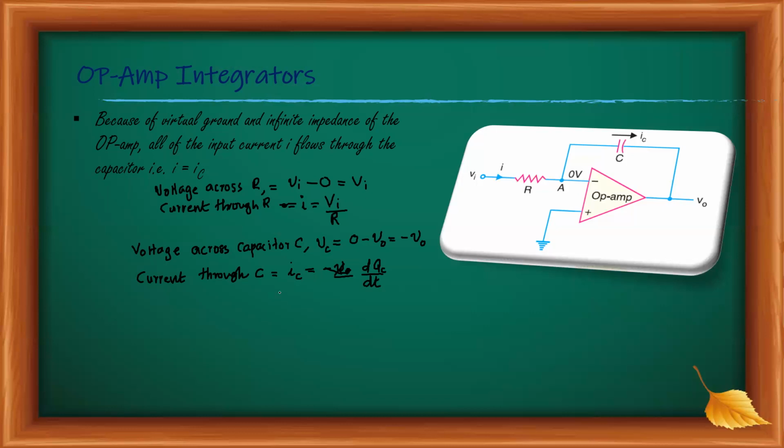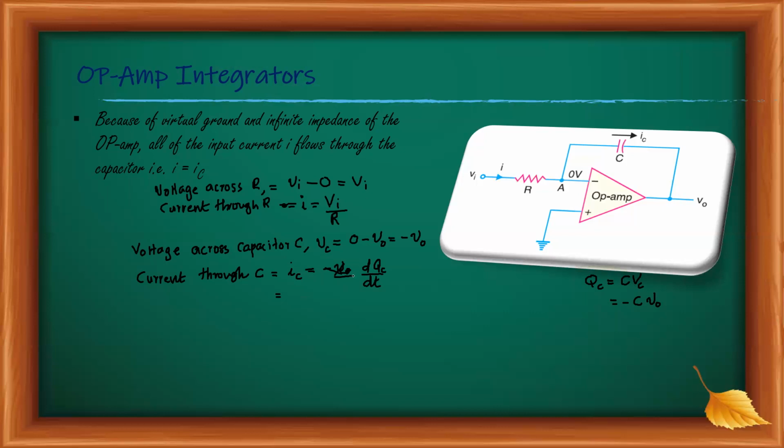We know that the charge Q is equal to C times the voltage across the capacitor, that is C VC, and here VC is equal to minus V0, then QC is equal to minus C V0.